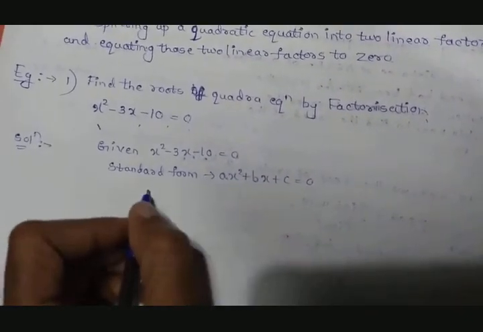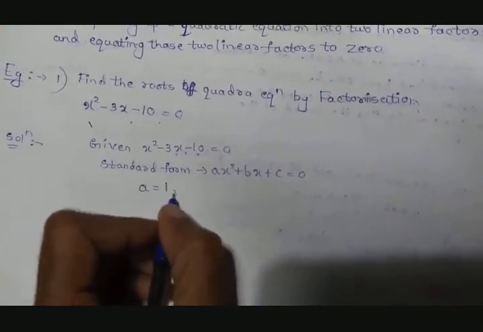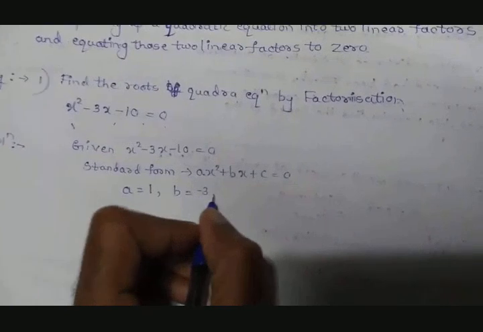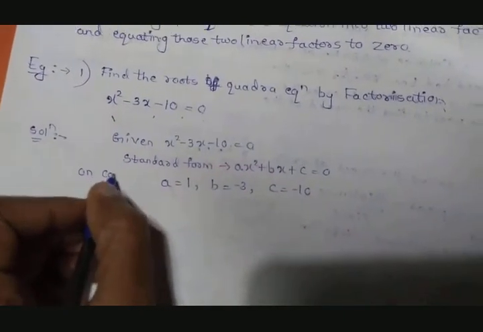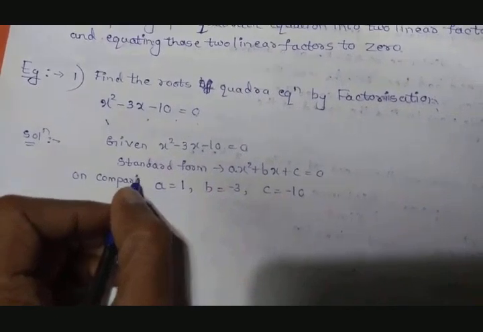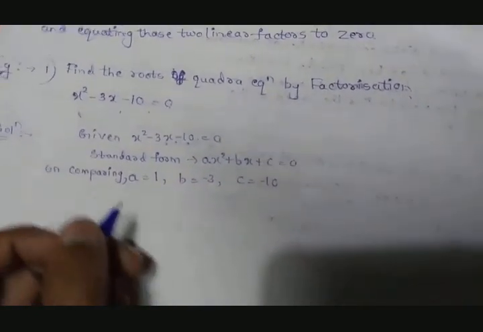On comparing, you get a equals 1, b equals -3 and c equals -10. So on comparing, we got the coefficients of a, b and c.